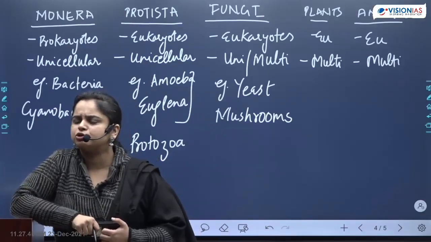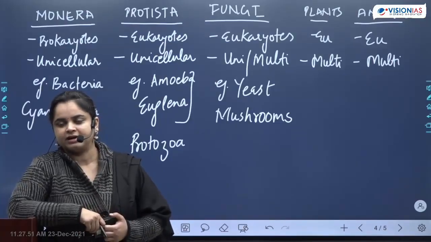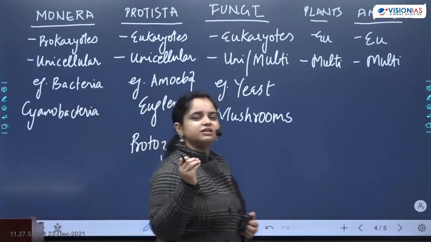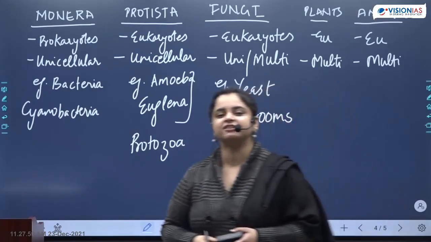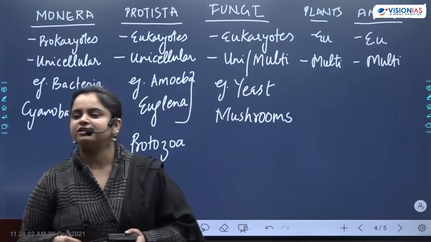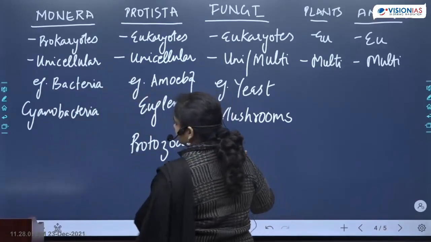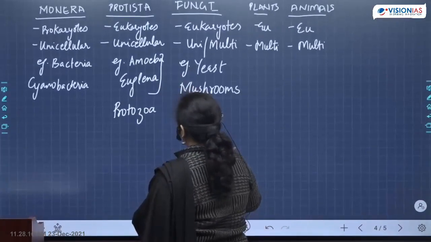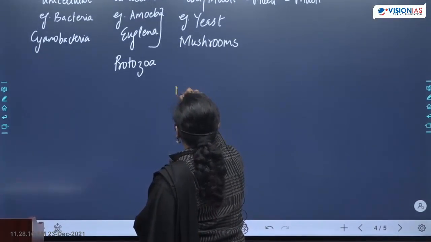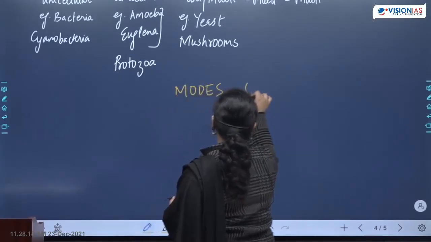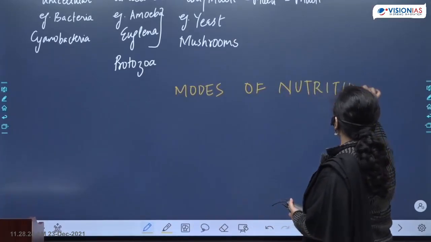They say that fungi also have a cell wall, so why not categorize them with plants only? Right? But ultimately it was established that there is one very fundamental difference in the way plants and fungi get their nutrition. And because of which they have been put into different categories. So let's talk a little bit about different modes of nutrition. Which will help us put some more weight into our classification.